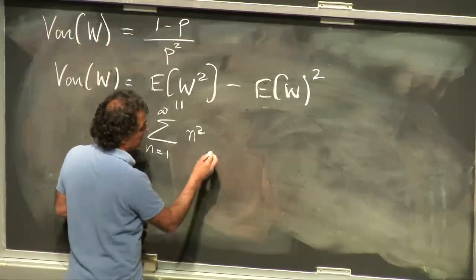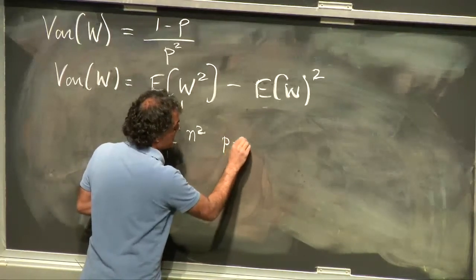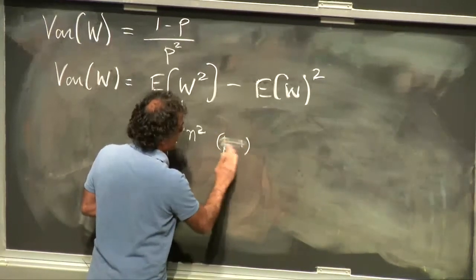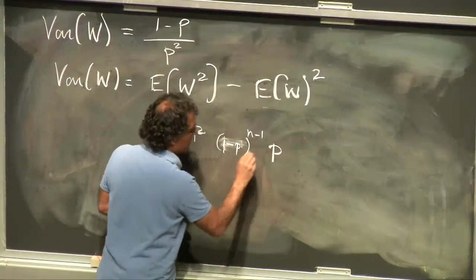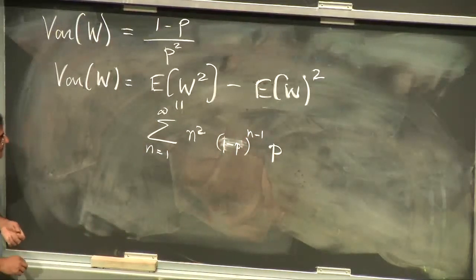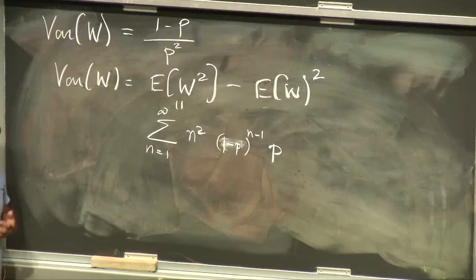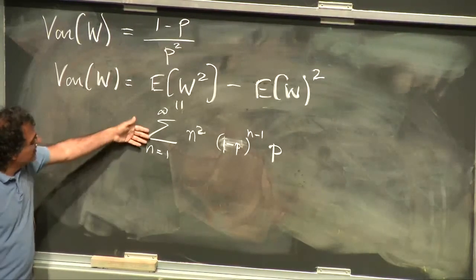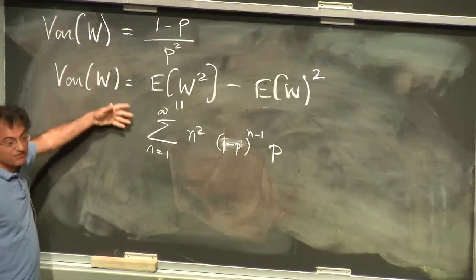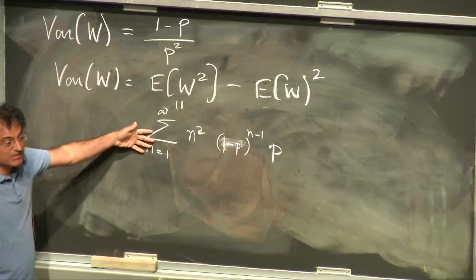What's the probability W equals n? It's (1 minus p) to the n minus 1 times p. And now, here's where you have to do something tricky because this is a horrible looking sum, and how do you ever compute it? How do you ever figure out what this is?